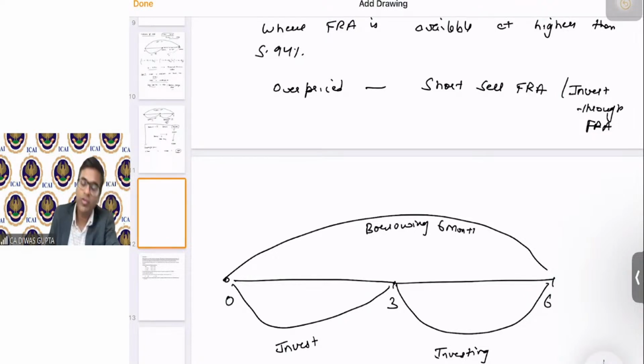So you will borrow for 6 months as on today, and you will invest for 3 months. And also, as on today itself, you will short sell a FRA of 3 by 6. Correct? So that once your investment matures after 3 months, again you invest through that FRA which you have committed today.